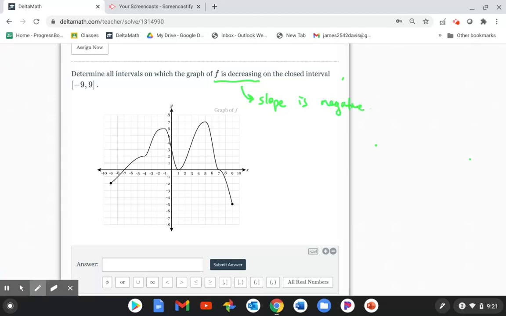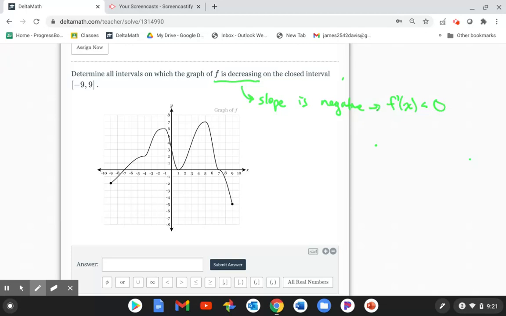Which also implies that the derivative, right, because the slope of the tangent lines is derivatives. So as we move forward, think about these places where the function is decreasing. That means the slope of the tangent lines are negative, which also means that the derivative f prime of x is also less than 0. So just implications as we move forward.